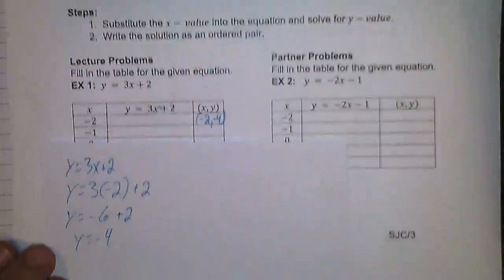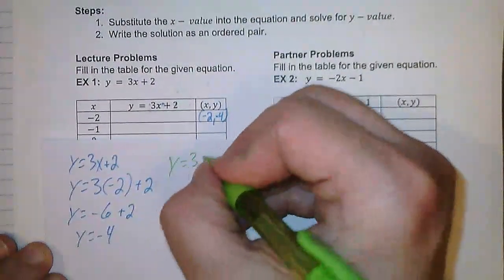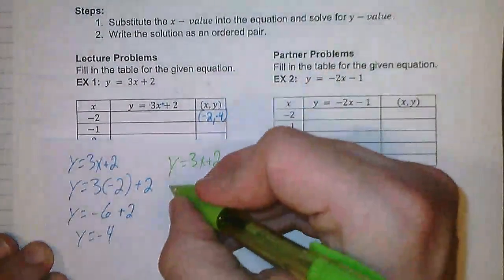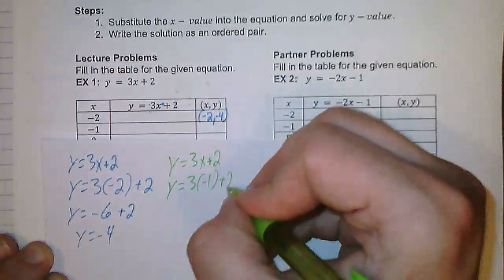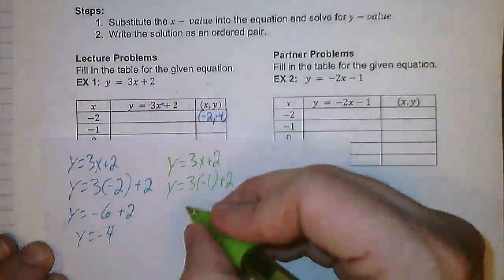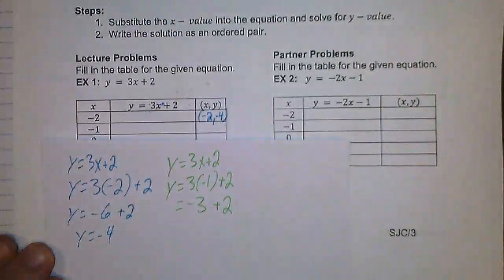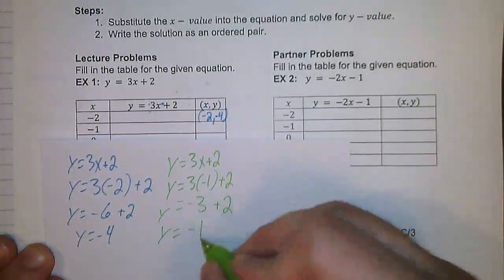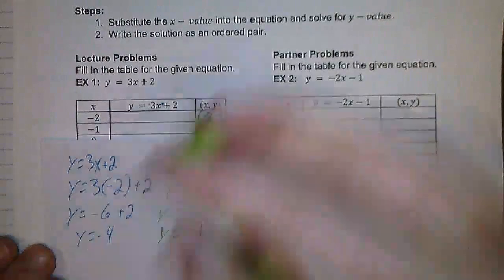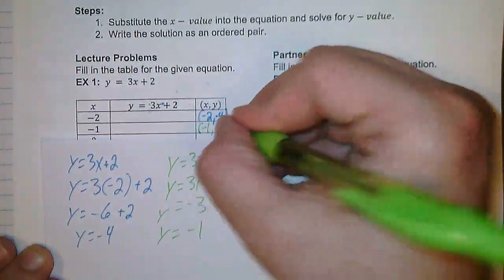For negative 1, I take my equation and replace x with negative 1. Again, we multiply and then add. So negative 3 plus 2 is negative 1. So as an ordered pair, (-1, -1).